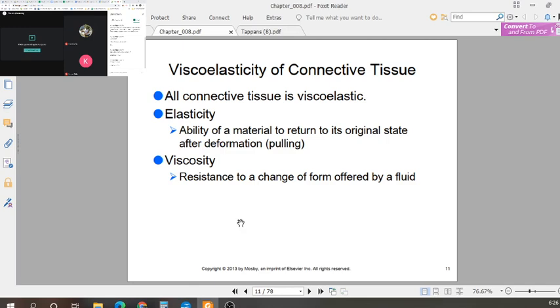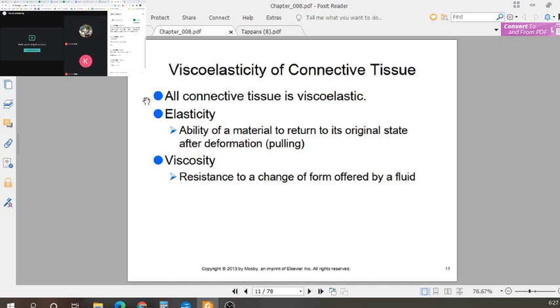Next, we're going to talk about viscoelasticity of connective tissue. So all connective tissue is viscoelastic. It has the resistance to change of its form, that's viscosity.